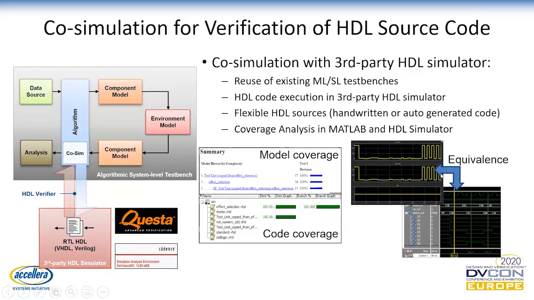You can inspect it programmatically, of course, and you can see that the coverage that you get at the model level is very similar to the coverage that you get on the code that was generated, and that allows you a seamless move from the model level to the code level verification.